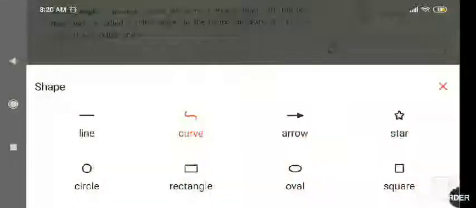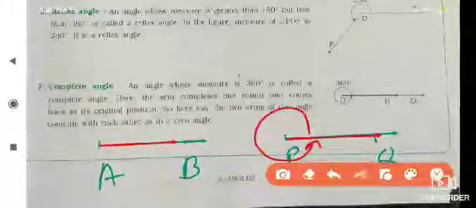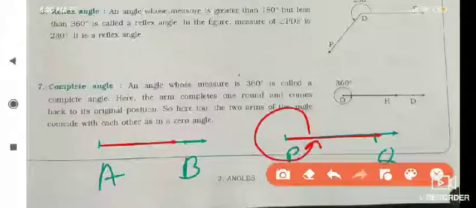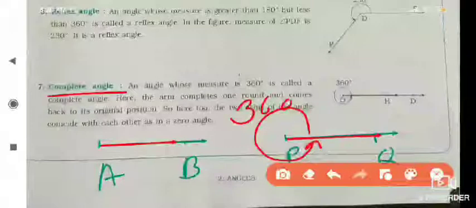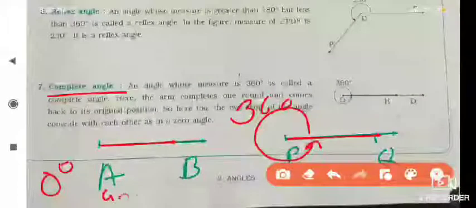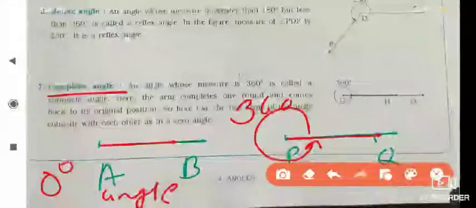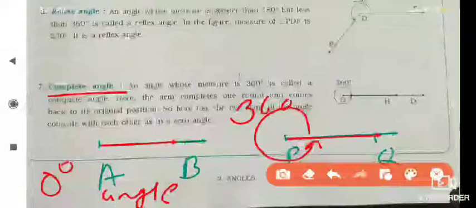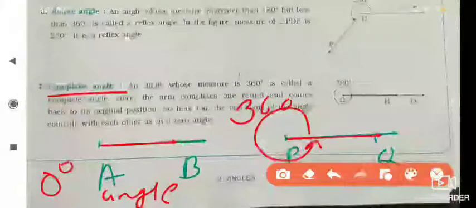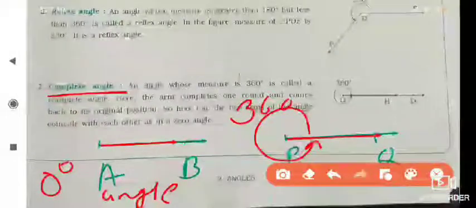How much is it? 360, and it is denoted by this, a rotation. And here there is no rotation. If rotation is there, it is called a complete angle, and if rotation is not there, it is called a zero angle. Understand? So these are the types of angles, and we have to study these types of angles in this lesson.